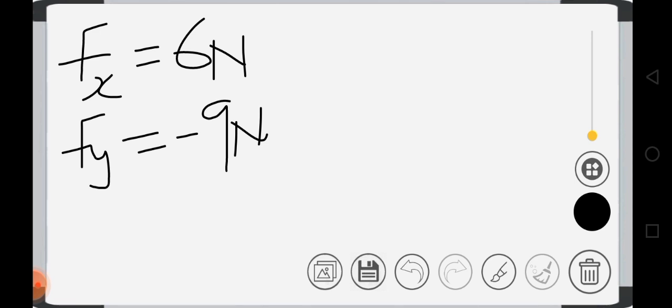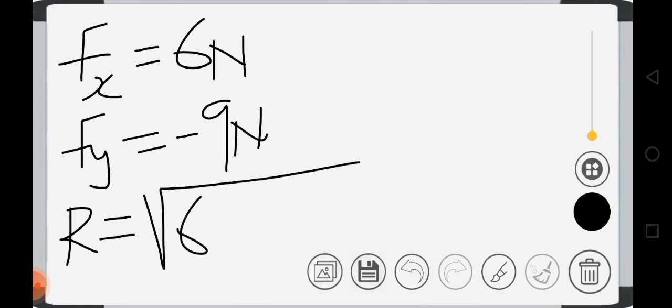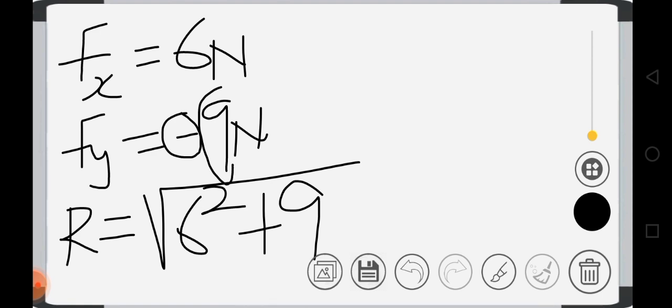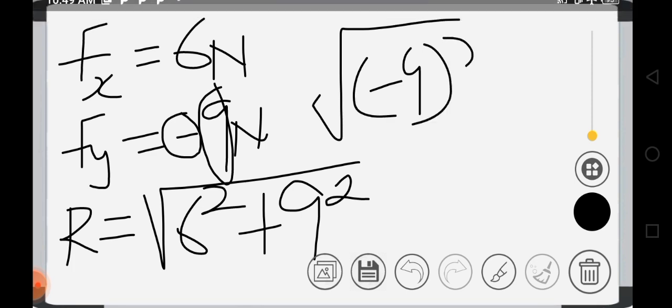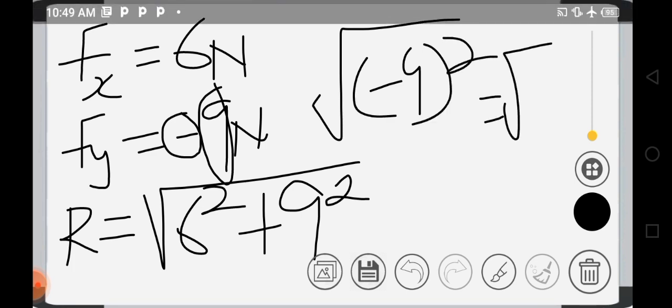Please take note of that. It's very, very important. Then, if I now ask what is the resultant, the resultant will be equal to the square root of x squared plus y squared. Don't add the sign when you're looking for the resultant. Just take the value, which is the magnitude only, and square it, because even if you take the sign and square it, the sign will turn to plus again.